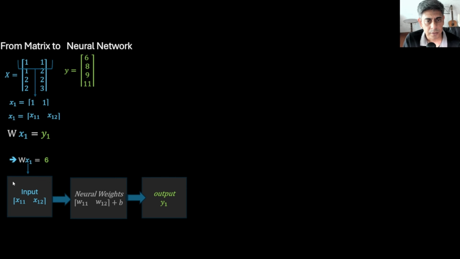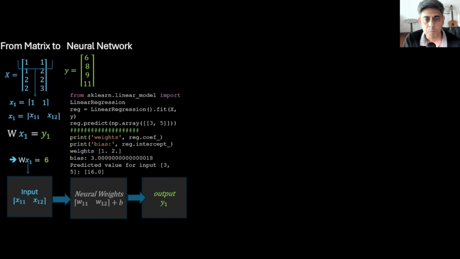This equation is written as a machinery block here, as a system here, where input is given. It goes through some sort of weight, which is always the Wx = y in play. We can just verify this. This is the linear regression, and then we are fitting the data. It gives you the weights, which are inside this, and then this weight and the bias here, when applied on this input x, give you the output in this manner.